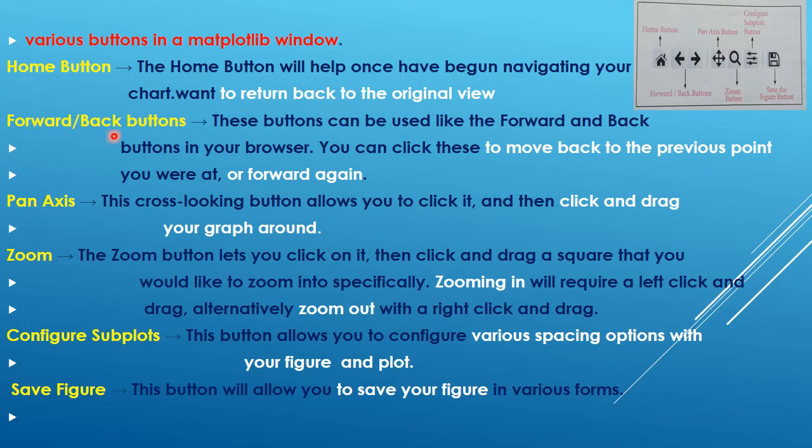Then the forward and back buttons move back to the previous point or forward again. For example, if you are in the third stage, you can come to the second stage or go to the fourth stage.